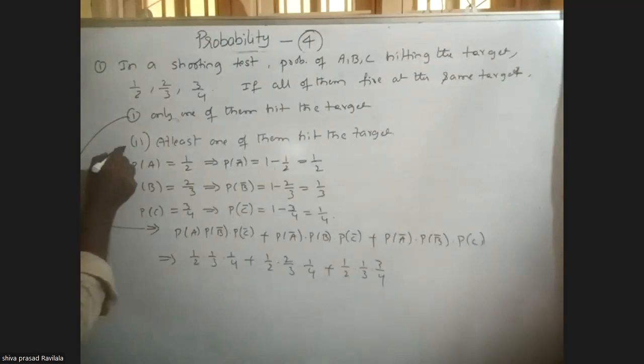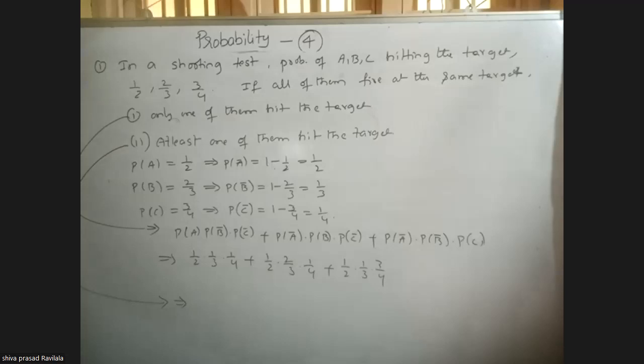And second one, at least one of them. Can anybody tell what at least means? At least one of them hits the target. We have one logic condition, I said already. At least one of them hits the target means 1 minus no one hits the target.